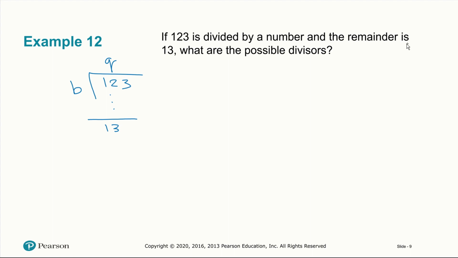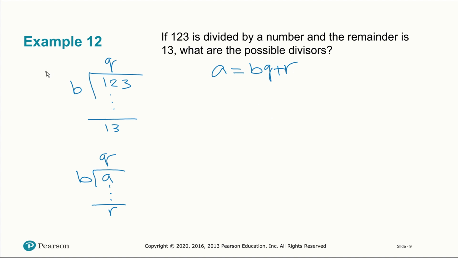So remember that the division algorithm, let me remind you, if you divide A by B, the quotient is Q and the remainder is R. The division formula tells us that A equals BQ plus R. Now let's go ahead and write the division formula for this particular case we're dealing with.